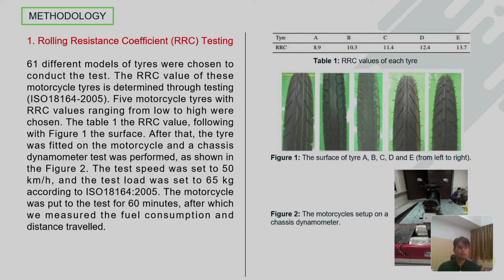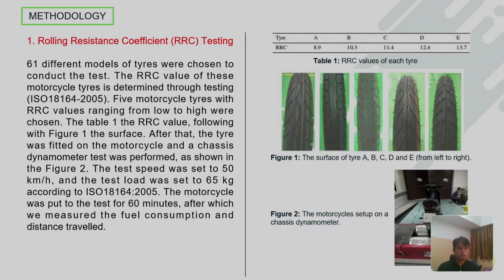Table 1 shows the RRC value, followed by Figure 1 the surface, and after that the tire was fitted on the motorcycle and a chassis dynamometer test was performed, as shown in Figure 2 on the right. The test speed was set to 50 km per hour and the test load was set to 65 kg according to the standard.